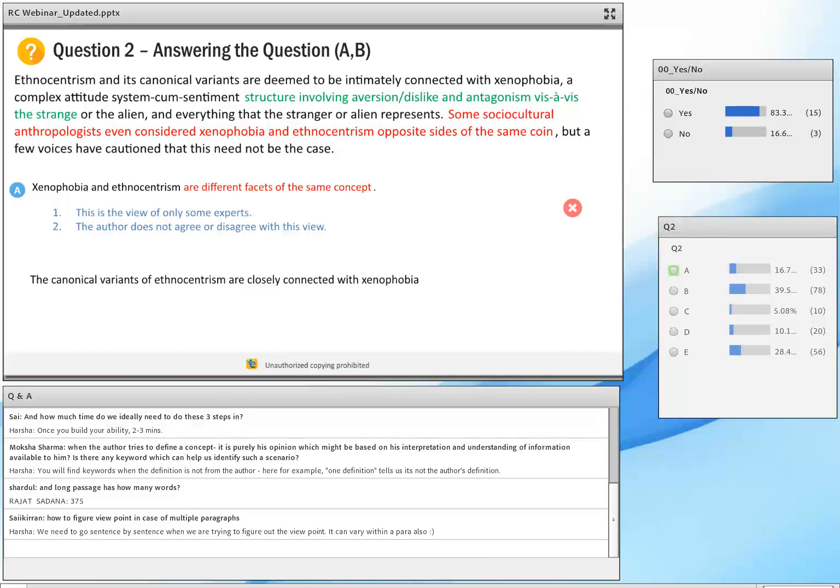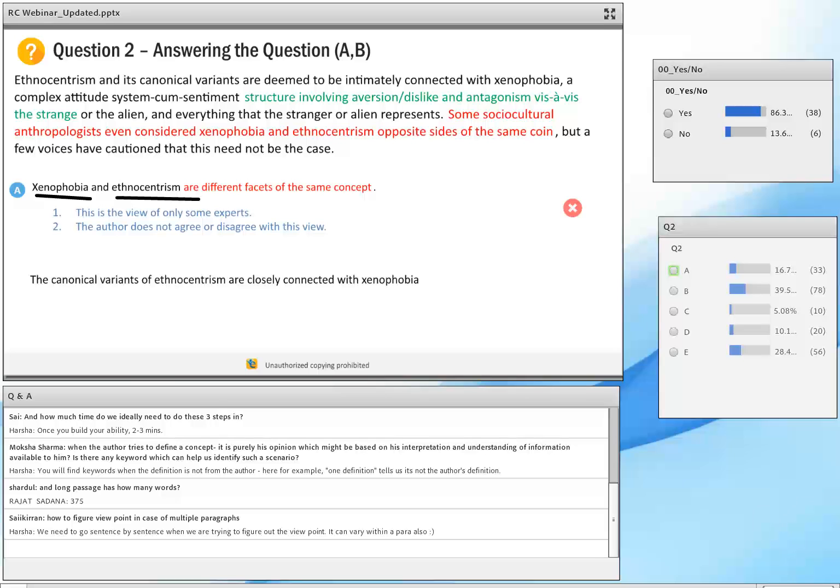Those of you who are saying no, please tell me why you're saying no. The choice is XB and EC are different facets of the same concept.